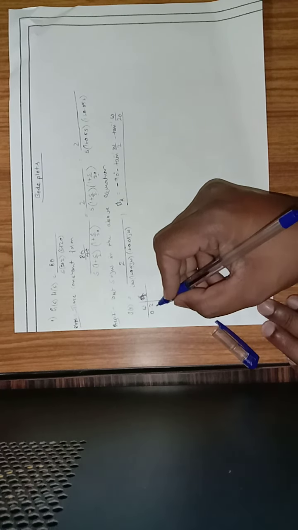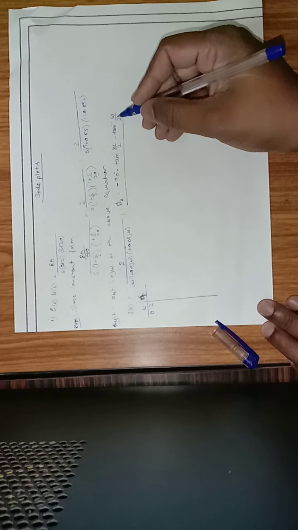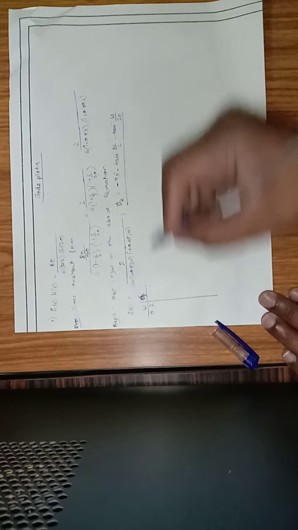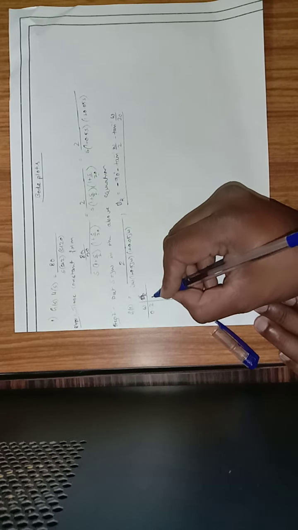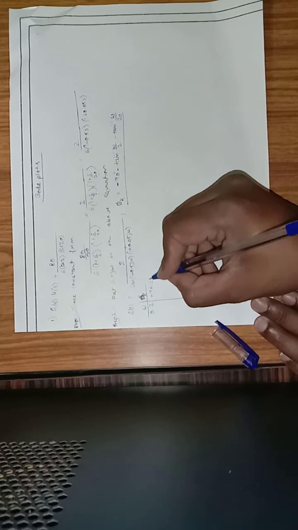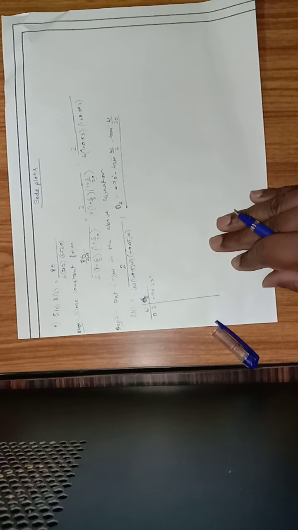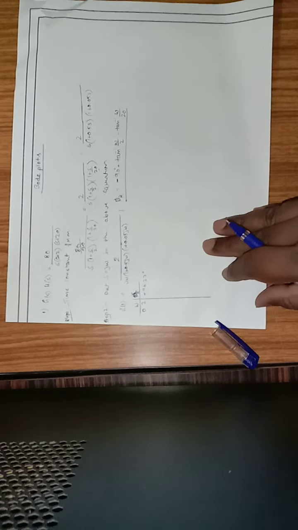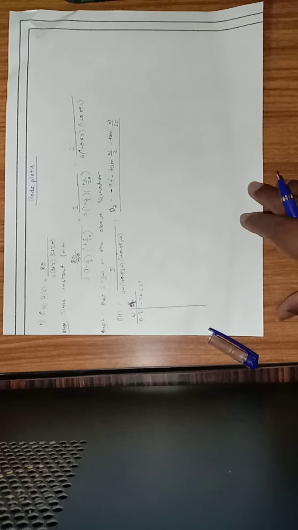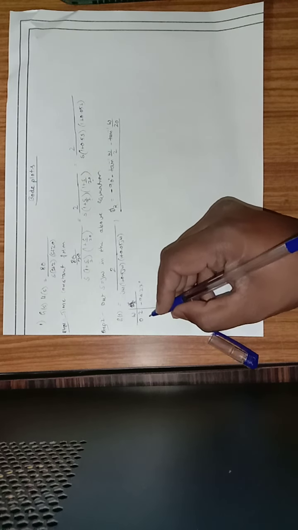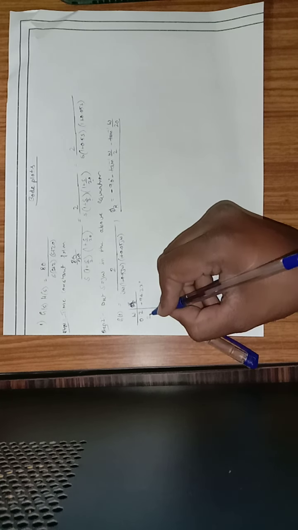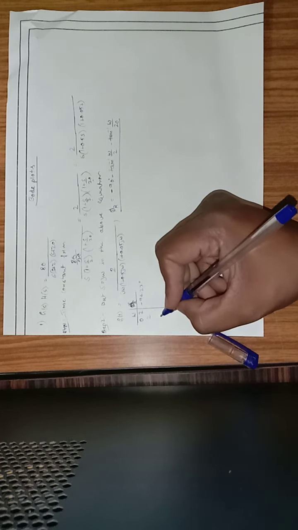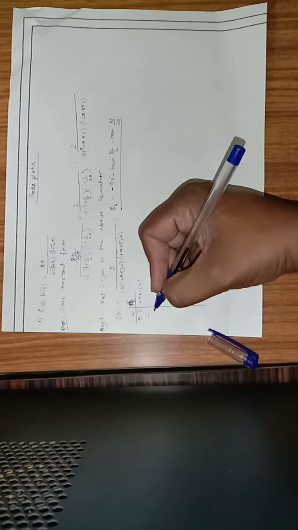If you substitute this 0.2 in the phase angle equation, you will get a phase angle value of 96.27 degrees for omega equal to 0.2. Next, I am going to select a value between omega equal to 1 and omega equal to 10.